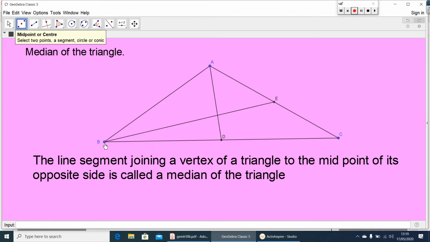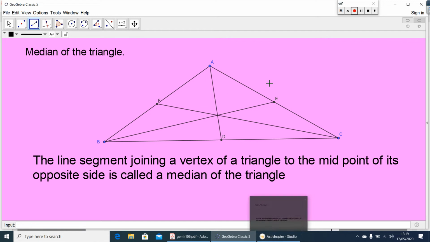Now let us find out the midpoint of AB and let F be the midpoint. Join from the opposite vertex C to F. So for every triangle 3 medians you can draw.